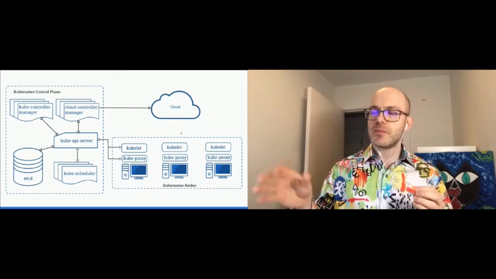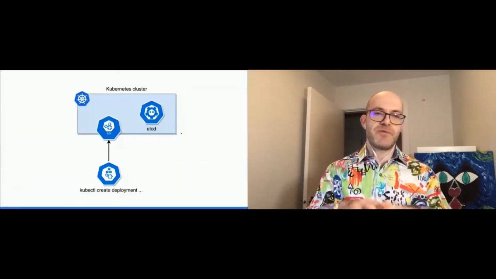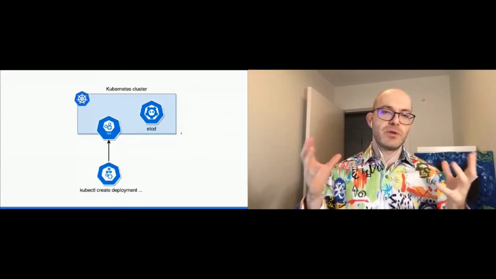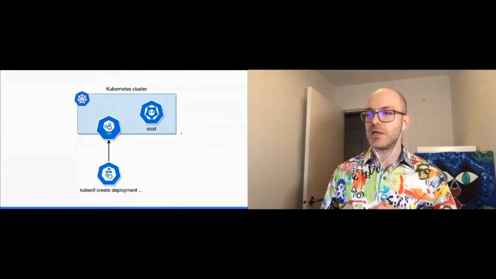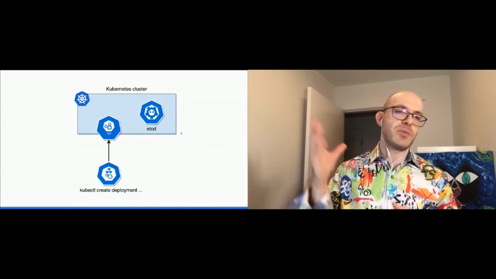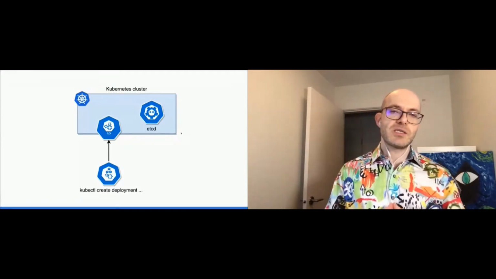And by the way, this can be done either in an imperative way, saying launching kubectl, which is a command line tool to manage your Kubernetes cluster, and saying, hey, create me a deployment. Or it can be done, which is usually the case, in a declarative way.